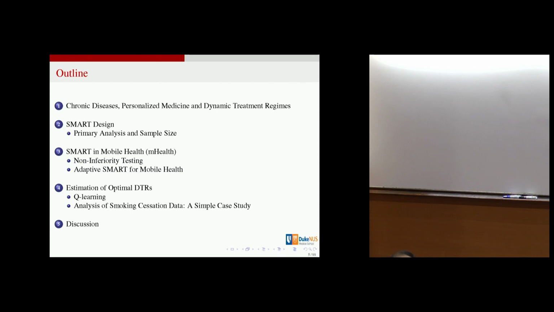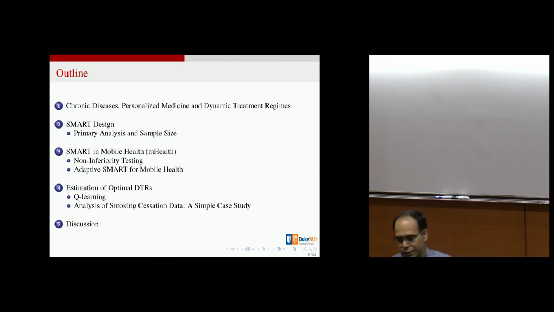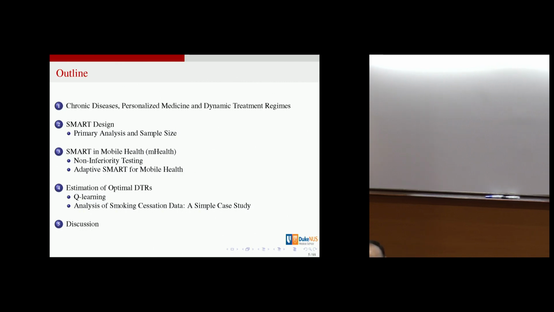Now, for those of you who are trained in traditional reinforcement learning, you may find this version of Q-learning a bit different, because what we call Q-learning in our statistical literature in the dynamic treatment context is kind of different from the original version of Q-learning, which is a lookup table based, more non-parametric thing. Whereas the version I present is more parametric, similar to linear regression in a way.